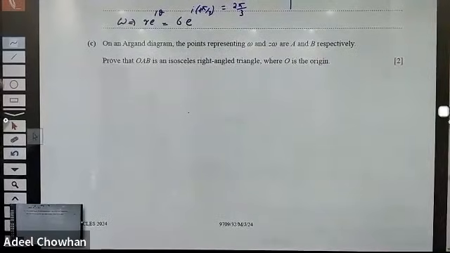On this Argand diagram, the points representing w and wz are A and B respectively. Prove that OAB is an isosceles right angle triangle, where O is the origin there.